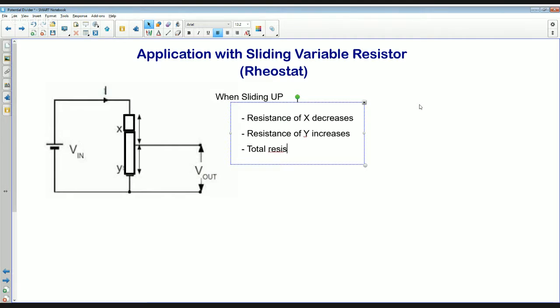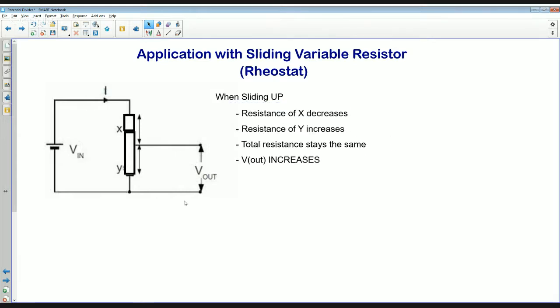Total resistance stays the same. And hence, if you were to look at the V out, what do you think? Yeah, increases. Now, you tell me based on what you understand in the previous parts of the video, how this works, right? So when it goes up, you realize that V out increases.